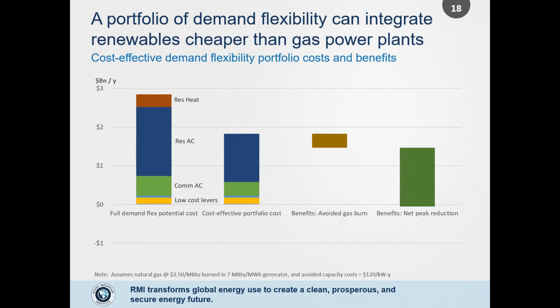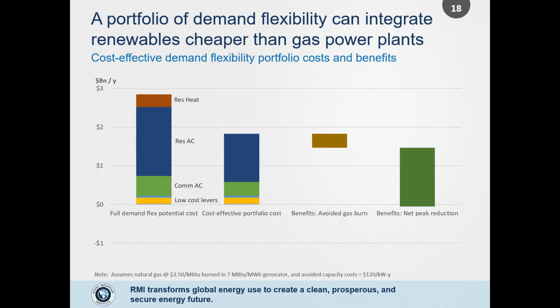And so I think it's important to compare and contrast the portfolio of demand flexibility levers with natural gas used for balancing renewables. We have seen a lot of utilities announce that, yes, I will build renewable energy, but that means I also will build more gas generation in order to integrate those renewables on the system.